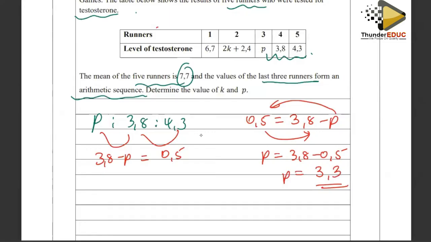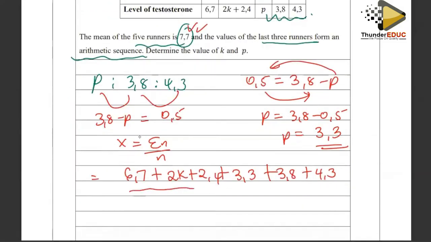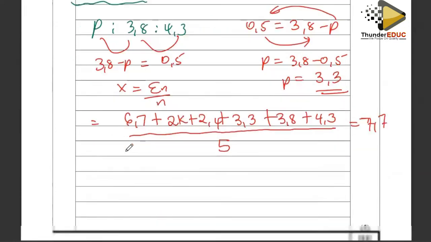That's our P value. Okay, then let me bring in the aspect of the mean. Note that the mean is the summation of all items over the number of items. Meaning that if I get my 6,7 plus my 2K plus 2,4 plus my P, which I got as 3,3, plus the 3,8 plus the 4,3, when I divide this by 5, I must get 7,7.